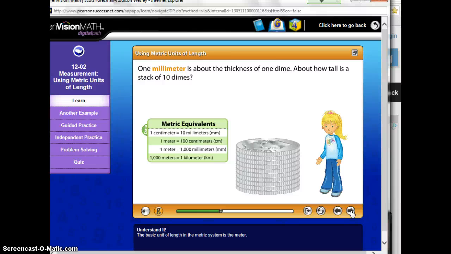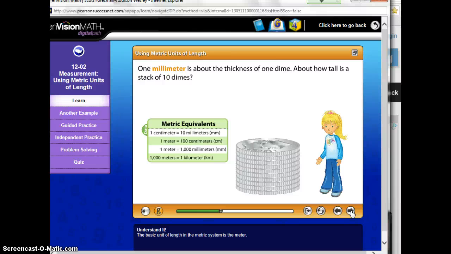How many of them would make up 1 centimeter? 10. How many of them would make up 4 centimeters? 40. How many of them would make up 9 centimeters? How many of them would make up 12 centimeters? 120. There you go.